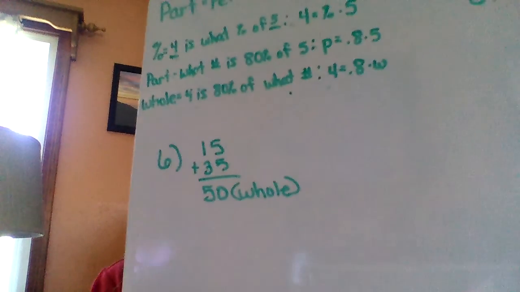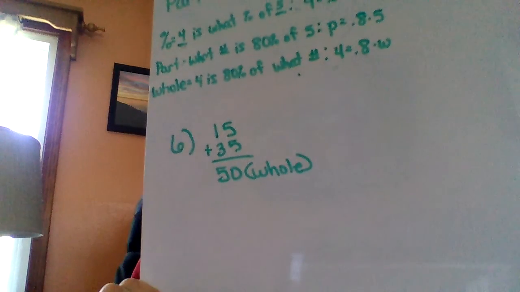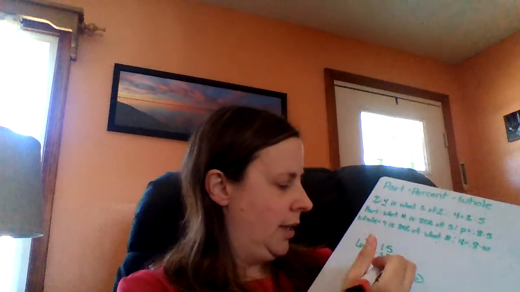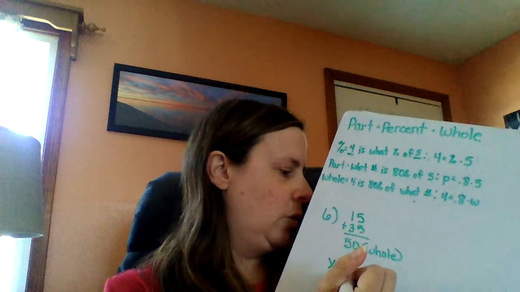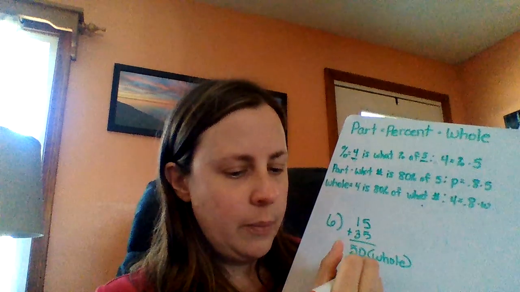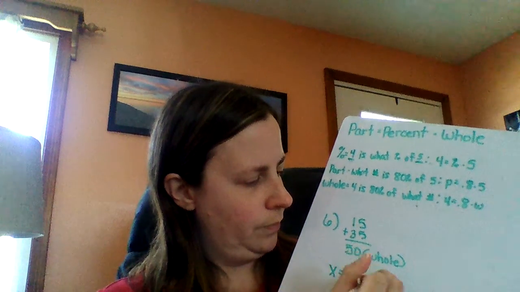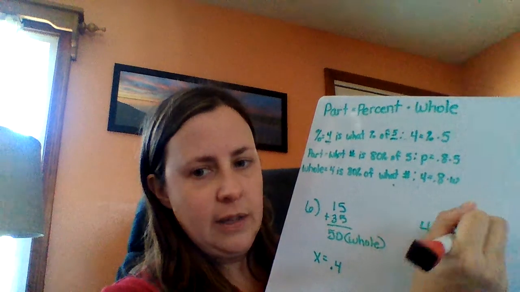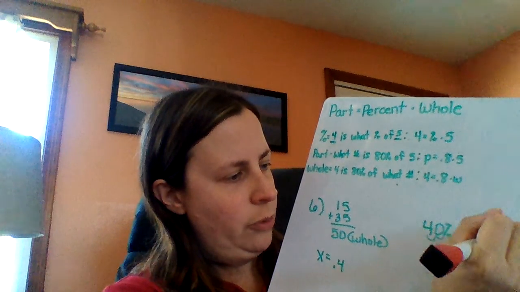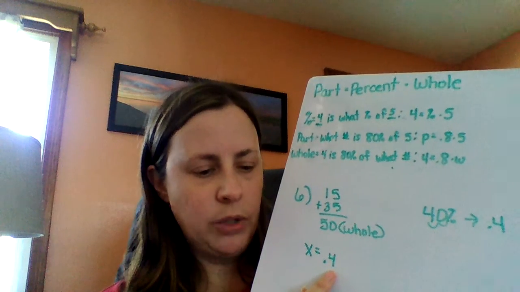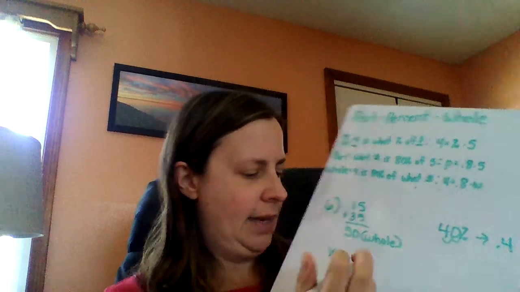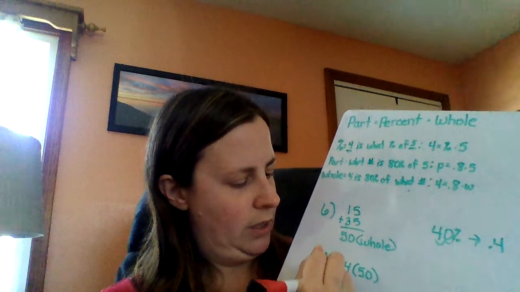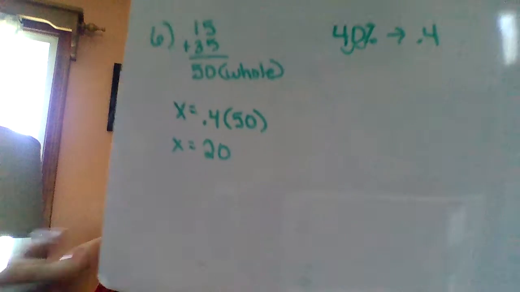Now I know the whole. I am trying to find the part. So I'm going to do my part equals 0.4, because remember, 40%, move that decimal 2 spots, is 0.4. So I'm multiplying 0.4 times the whole, which is 50, and I get that x is equal to 20.